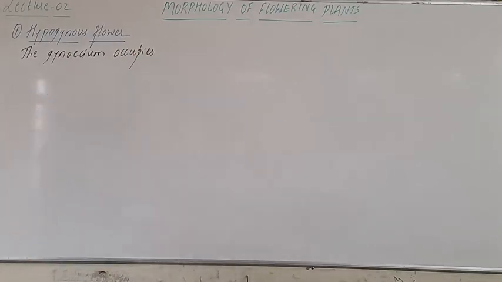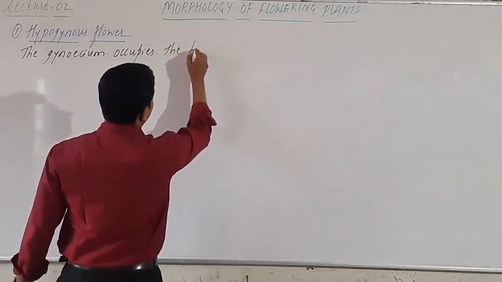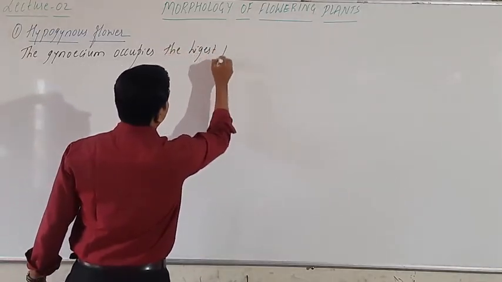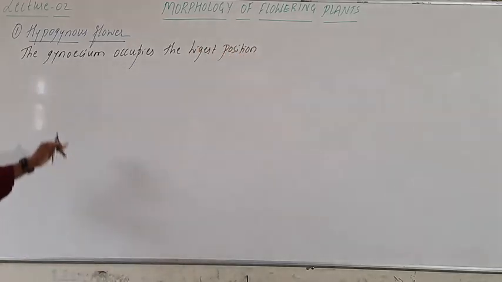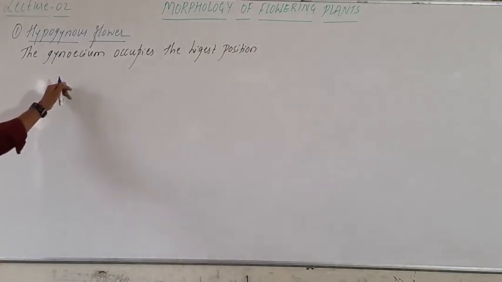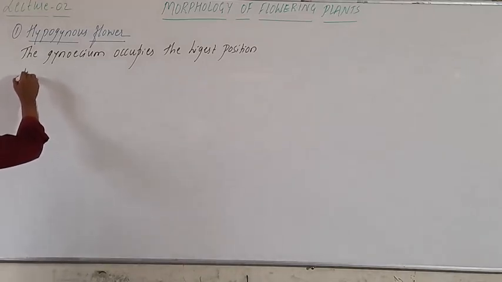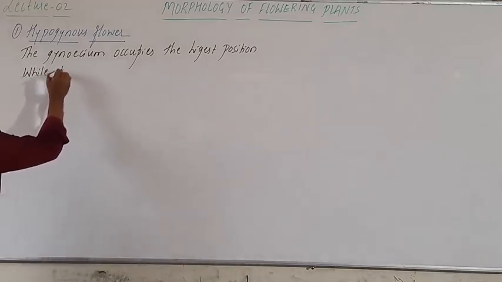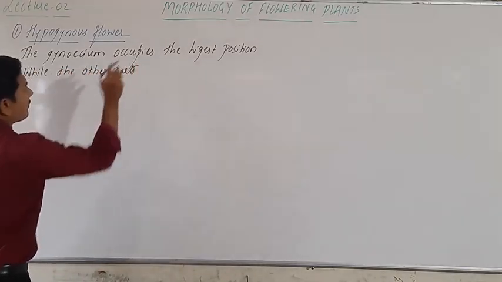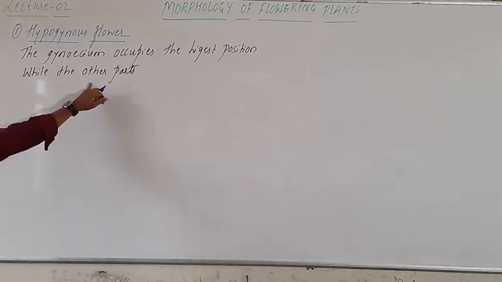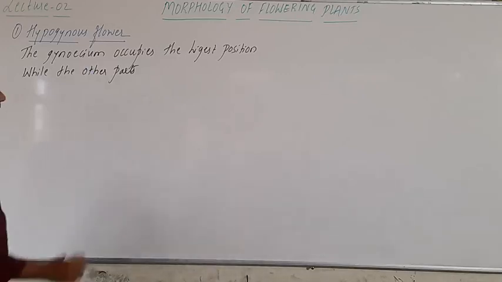Okay, so that's why we say the highest position in a flower. So here gynoecium occupies the highest position, while the other parts means calyx, corolla and stamens, while the other parts are situated below it.